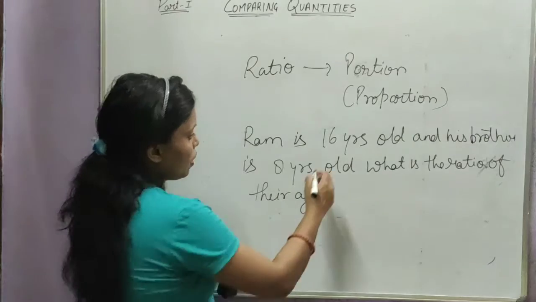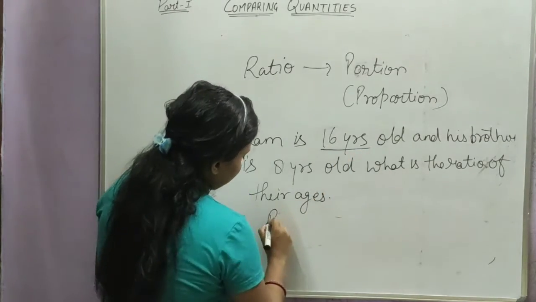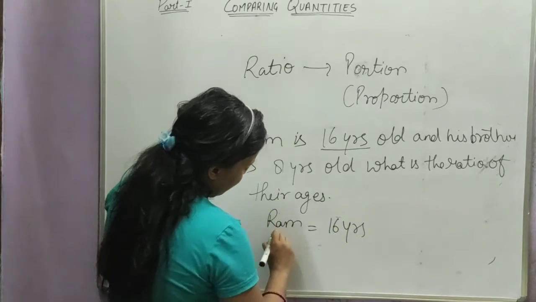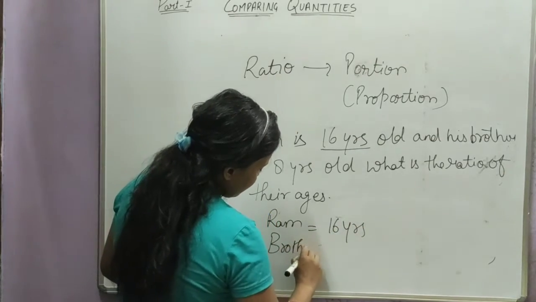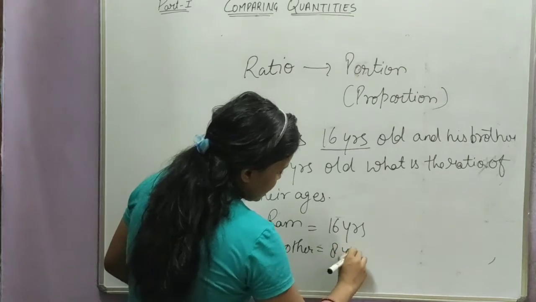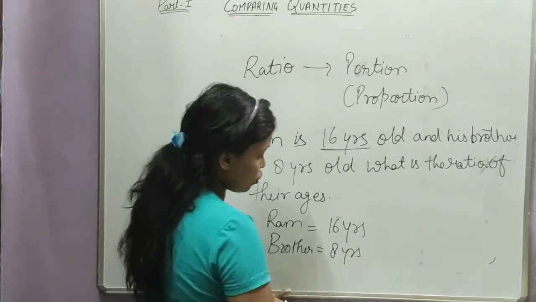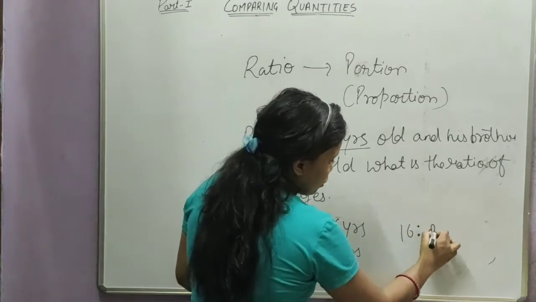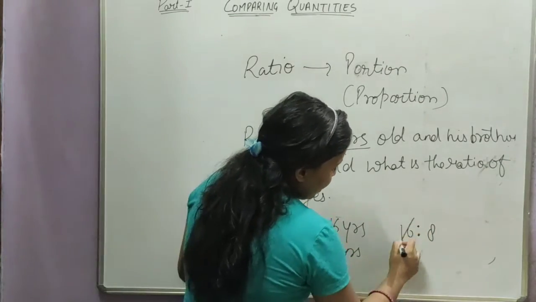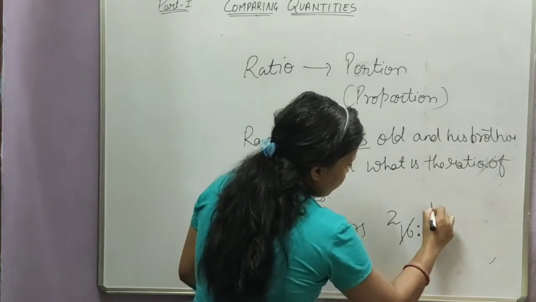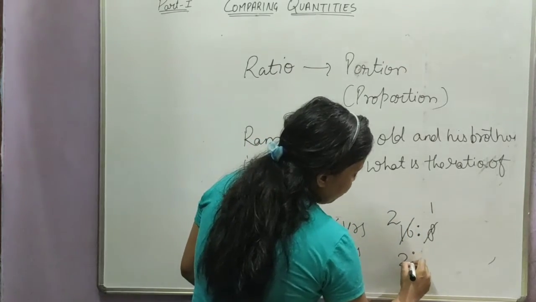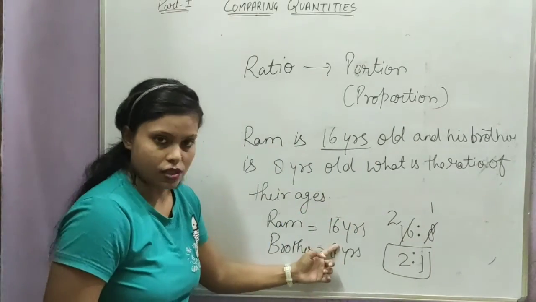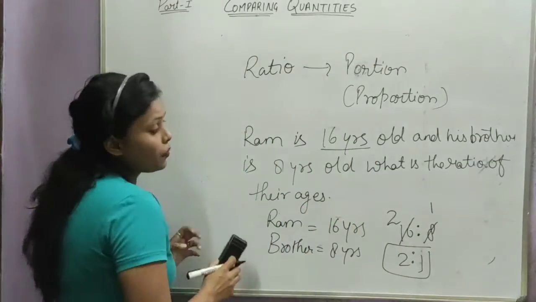What is given? Ram is equal to 16 years. Brother is equal to 8 years. So we need to find out the ratio. So the ratio will be 16 ratio 8. Or we can say 8 twos are 16, 8 ones are 8. 2 ratio 1 is the ratio for these ages. Okay.